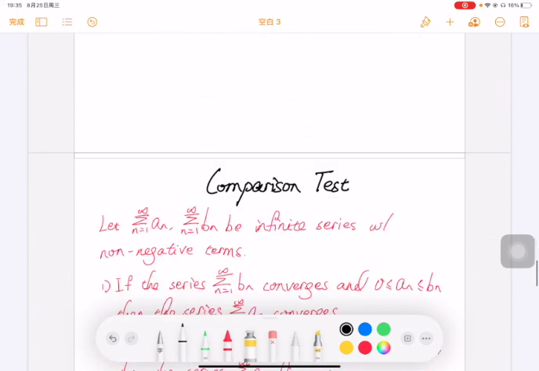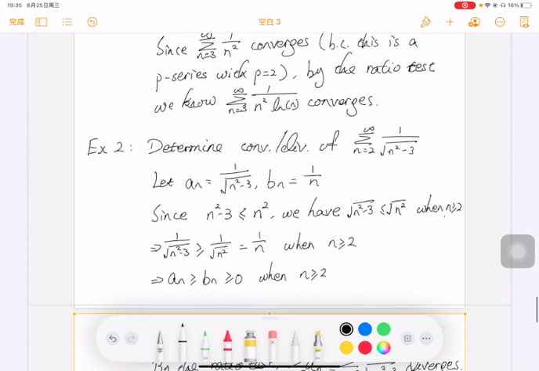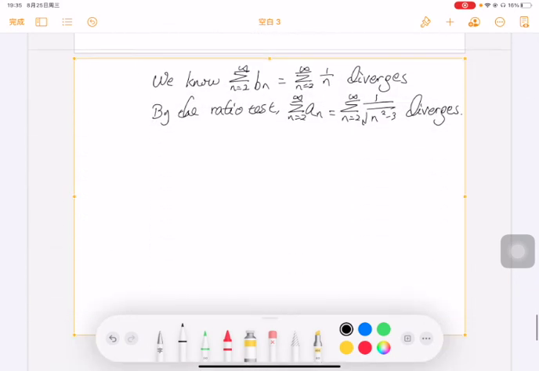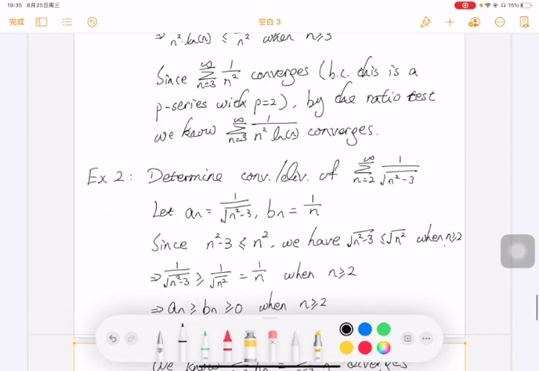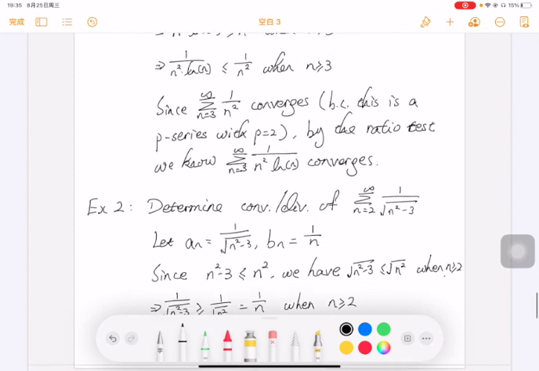All right, and the ratio test. So we have the comparison test, the ratio test. These are the two. Oh, that's why I don't know what I'm writing. This is the comparison test. Hang on, sorry. Did I write this wrong as well here? Yeah.